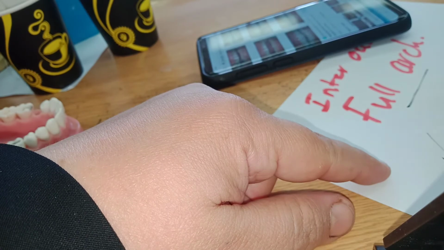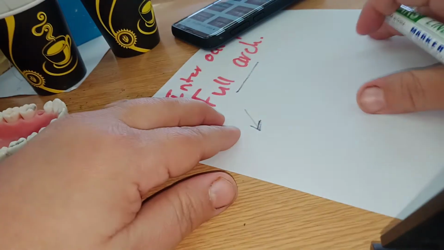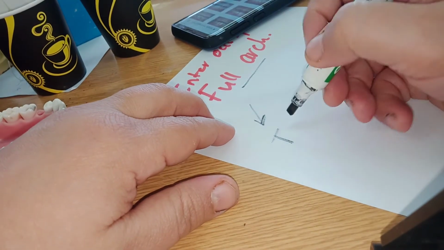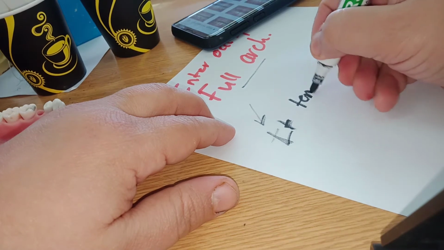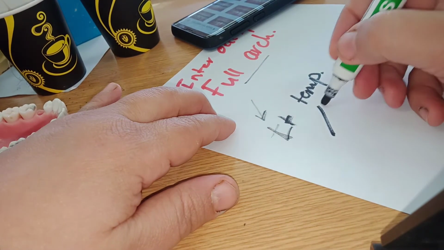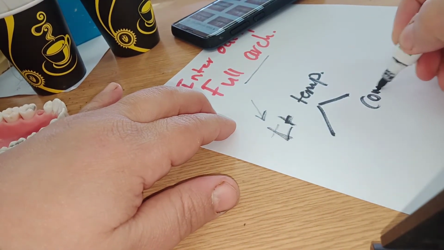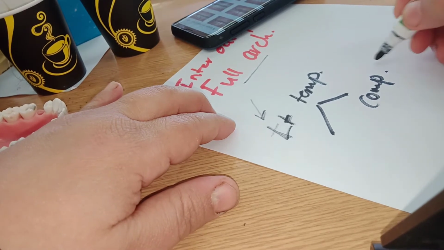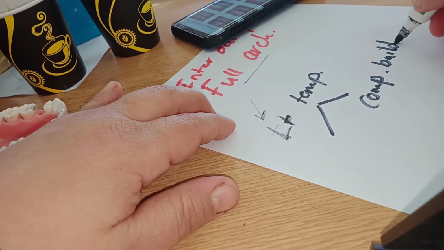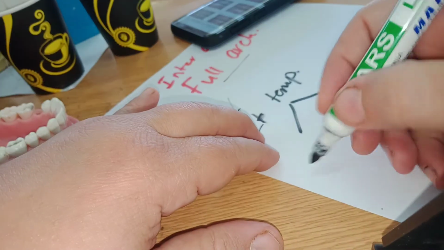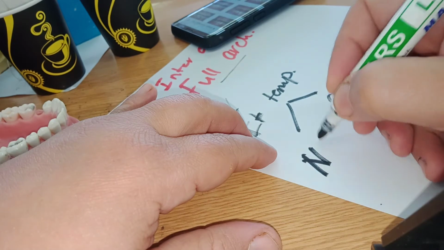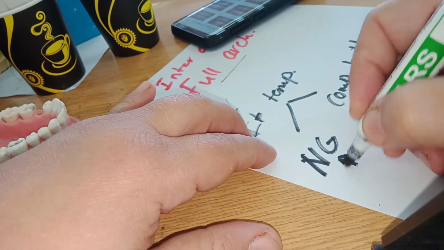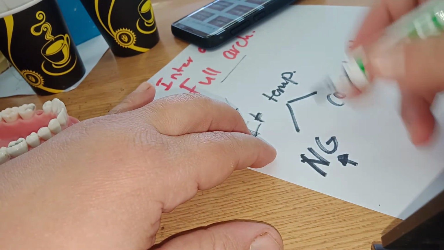What are my options to increase the vertical dimension? First of all, after we do the wax-up, we follow the wax-up and do long-term temporization. The long-term temporaries can be done by composite buildup of all the posterior teeth, or we can use a temporary night guard that has an increased vertical dimension that will allow me to reduce the freeway space.